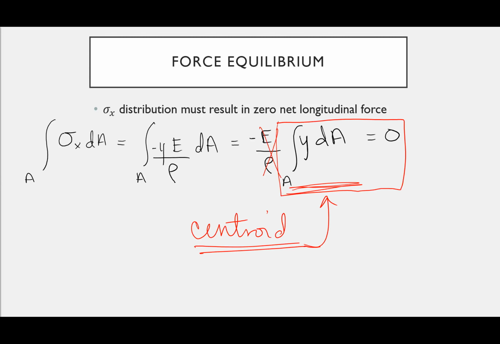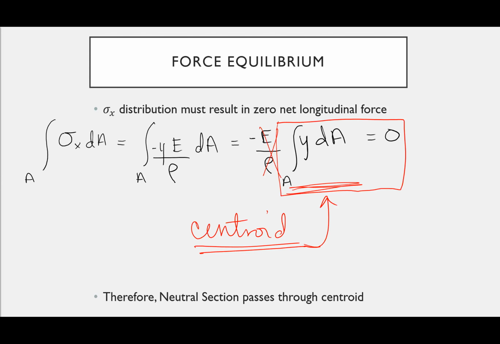Your centroid is placed so that when you integrate y with respect to area, so you break your shape up into little areas and you do the calculation of the distance from the centroid to that area multiplied by the area, you sum all those up, it has to equal 0 if that truly was your centroid. That's how you place your centroid, is by taking the sum of distances to areas. All right, so therefore what force equilibrium tells us is that our neutral section must pass through that centroid.